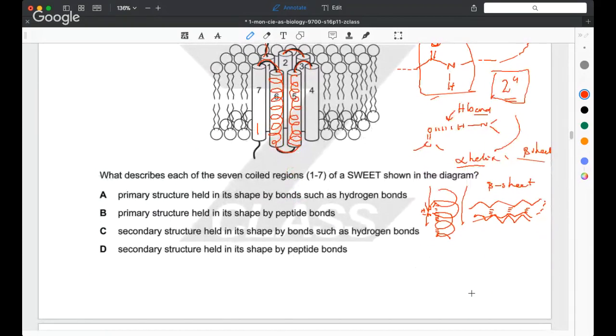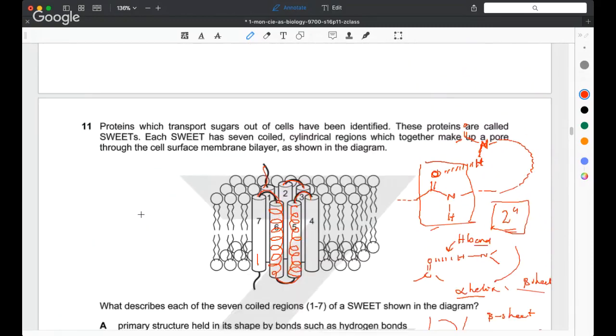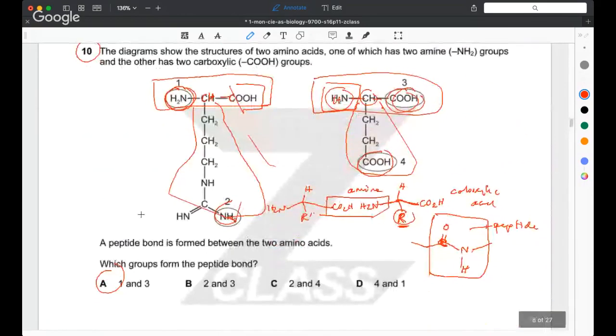So the primary structure is wrong, isn't it? Because the primary structure is the order of amino acids. Whatever amino acid there, defined by its side chain, is joined to another amino acid. The order of which amino acid is joined to which is the primary structure.